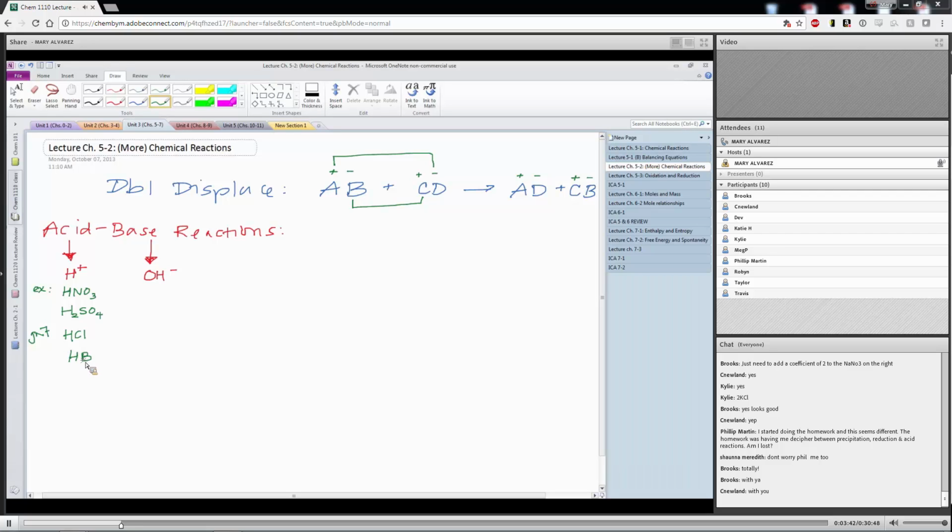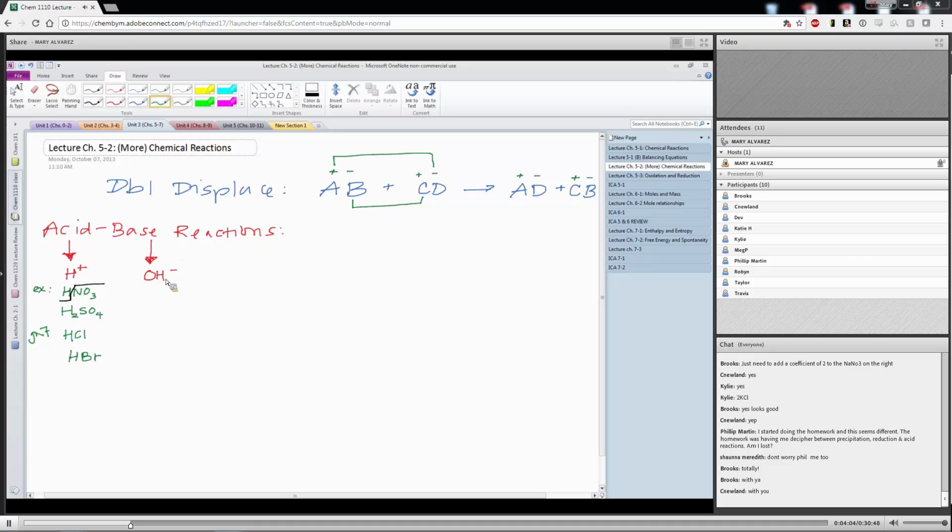HBr, same thing, hydrobromic acid. So all of these are acids. You should be able to recognize them by quickly noticing that you have the hydrogen ion with a polyatomic ion, because you memorized these, so they should jump out at you, or a hydrogen atom with a group 7 ion. And then the bases again have hydroxide.